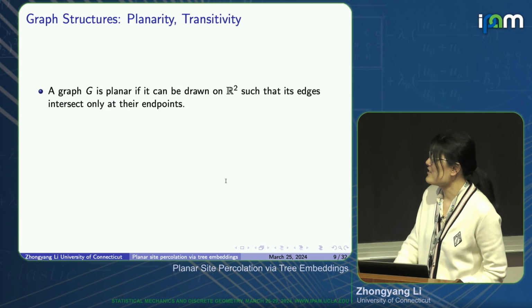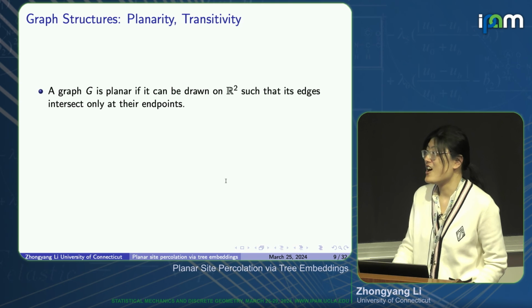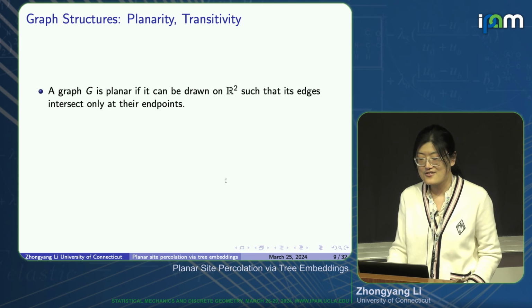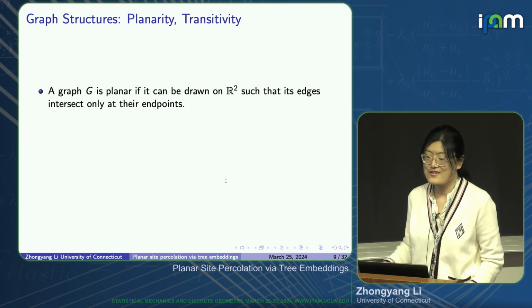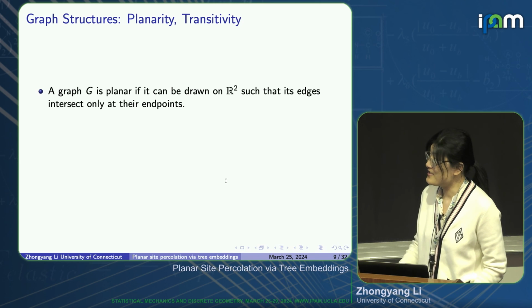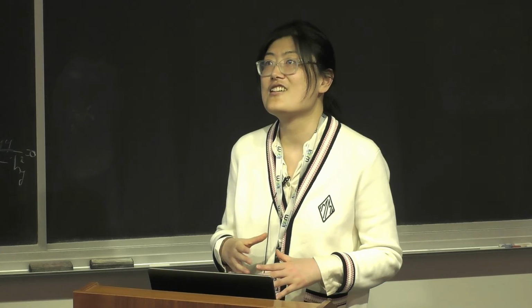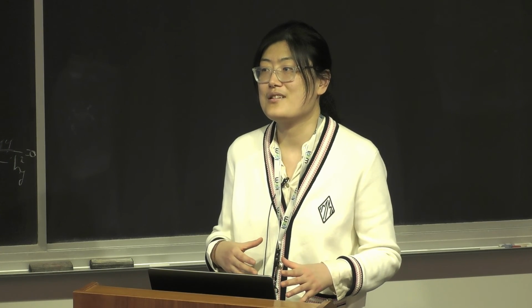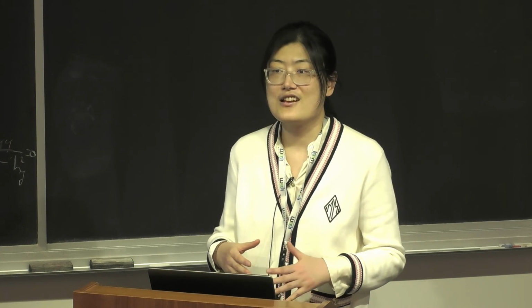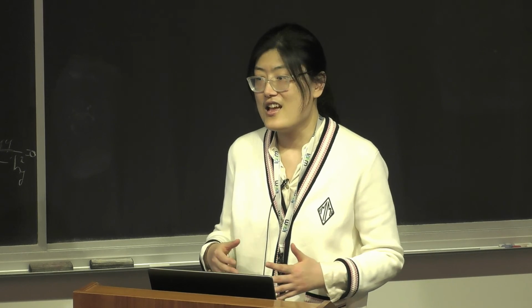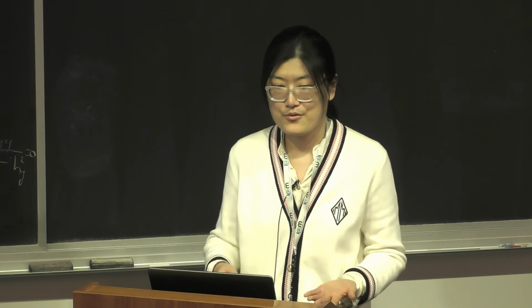So as we have already seen, the properties of percolation are closely related to the structures of the graph. So now let me briefly review the definitions of the graph structures. A graph is called planar if it can be drawn in a plane. Vertices are points, and edges are continuous curves, and any two edges cannot intersect at a point which is not a vertex.